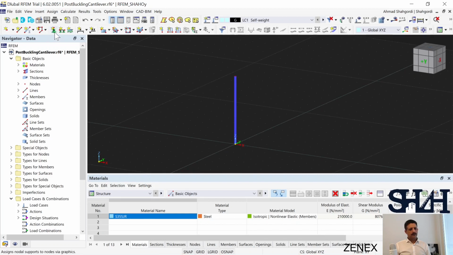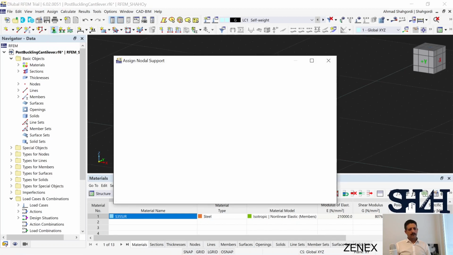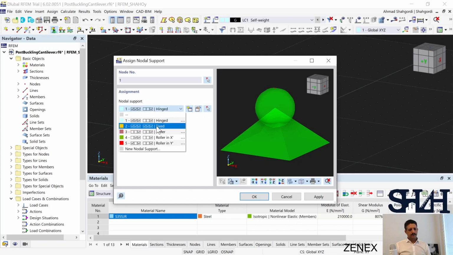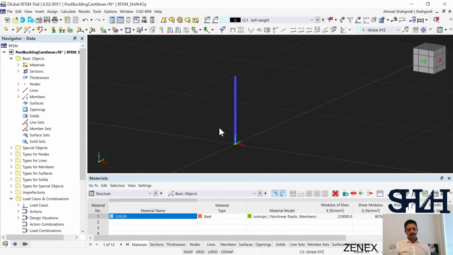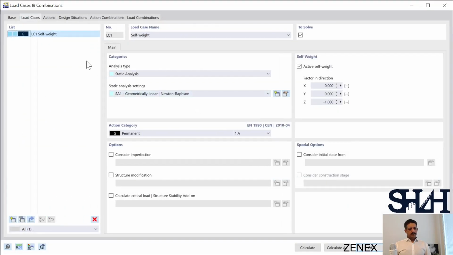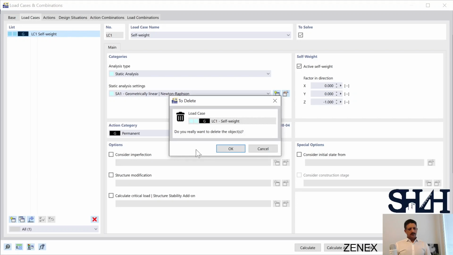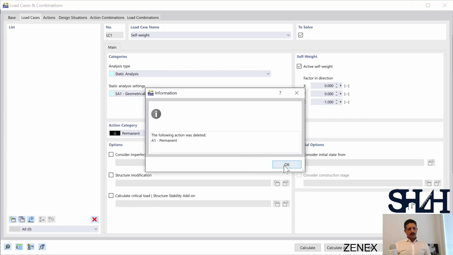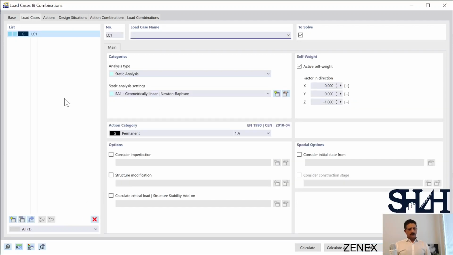And here we are going to use the fixed support. Let's have the load. I delete this one and I add the load named buckling. And I exclude the self-weight.